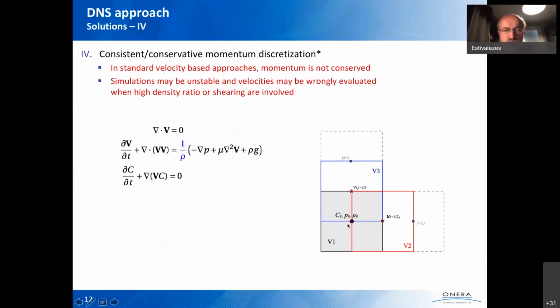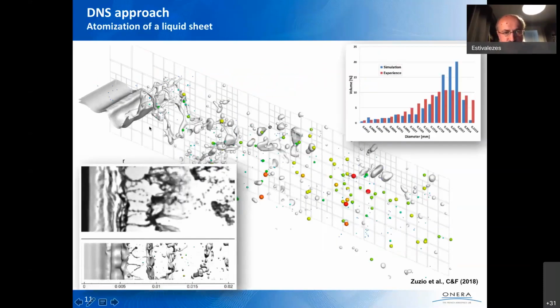We have also improved this code in order to have what we call a consistent conservative momentum discretization. Because when you play with this type of simulation, we try to play with the actual density ratio. You have a density ratio between gas and liquid of about 1000, and we can have a high velocity up to 100 meters per second.